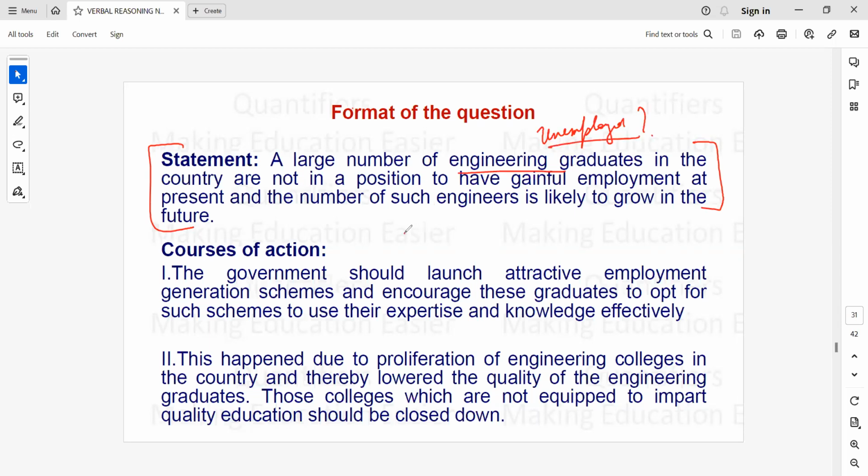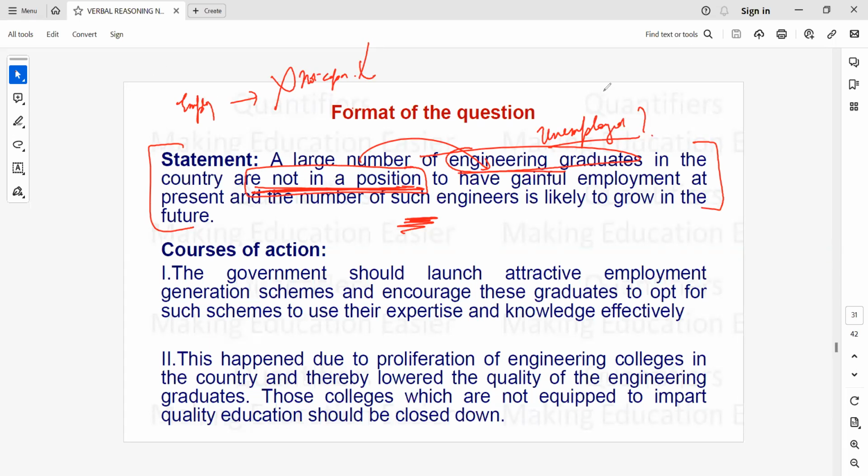But is this the case? What is the actual problem? A large number of engineering graduates in the country are not in a position to have gainful employment. So that means there is employment, but they are not capable. So the problem is their capacity. The problem is not unemployment.